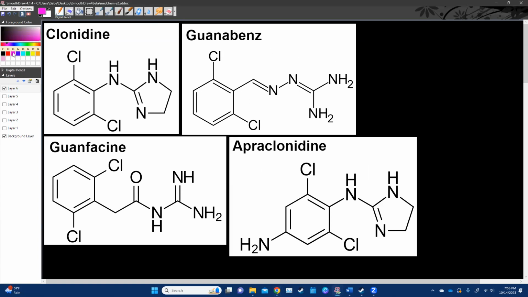What do we notice about these alpha-2 agonists? What kind of backbone do they have? Do we think they're phenylethylamine backbones or imidazoline? And these guys are all imidazoline.